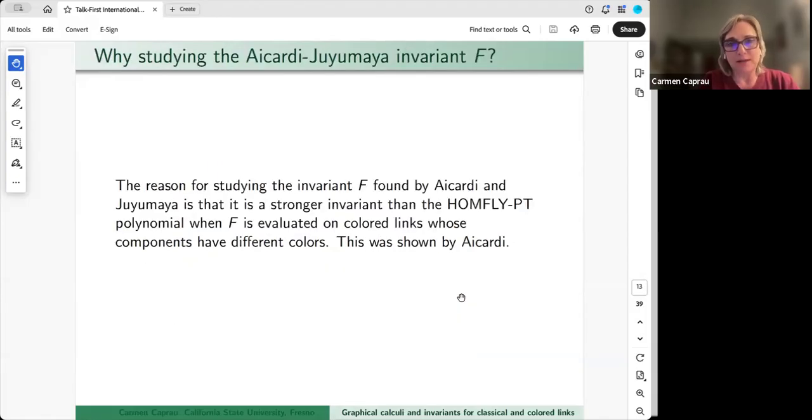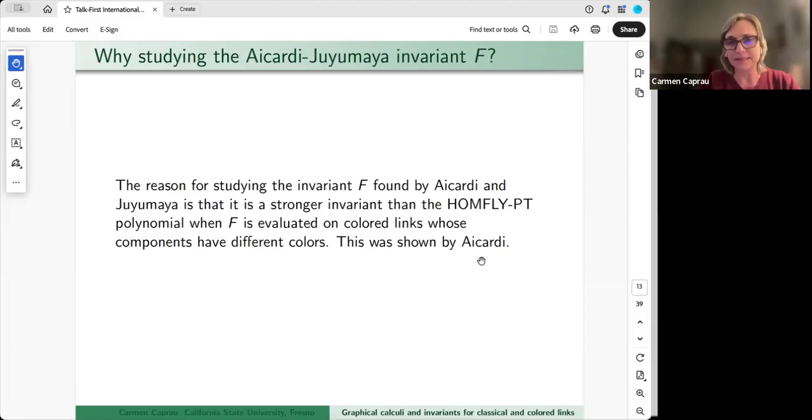But now you may wonder, okay, what was the point? What does that give us compared to the information that we had before in the literature? Now, the good news, or a motivation to continue studying their invariant, is that, in fact, it is stronger than the HOMFLYPT polynomial when this invariant is evaluated on colored links whose components have different colors.